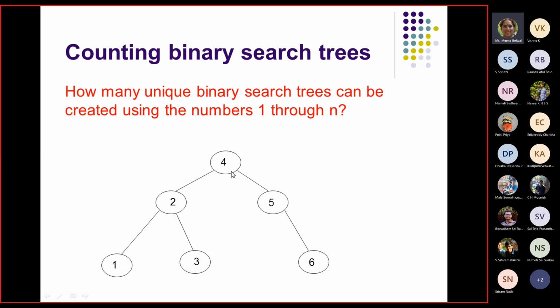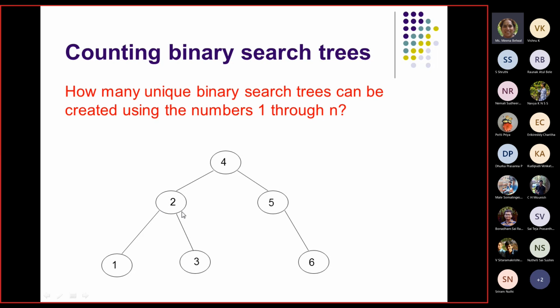Suppose 4 is the root, then 1, 2, 3 will go to the left of 4, and 5, 6 will come to the right of 4. But within this 1, 2, 3, what can happen?